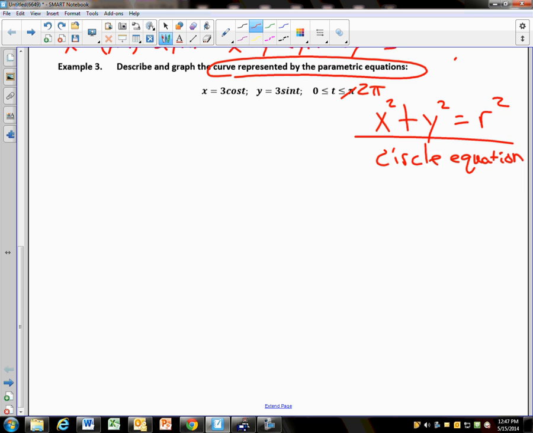Remember that? It's the same thing as the Pythagorean theorem. We've used that a billion times, haven't we? So, does this have a t-value in it? It does not have a t-value in it. We should be able to get rid of the t-value and write this in terms of x and y. Let's see if we can do that.